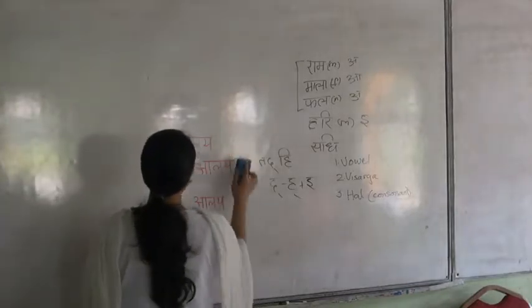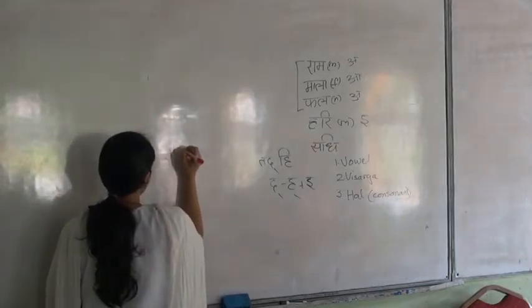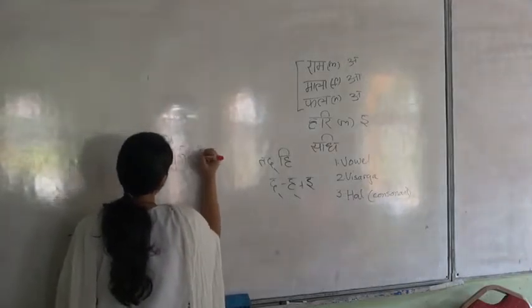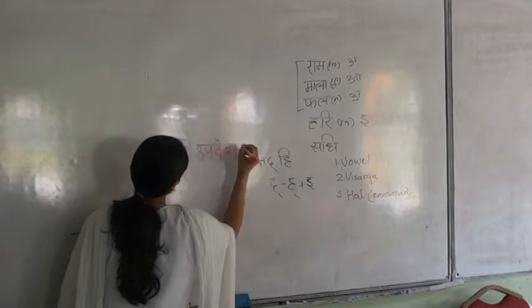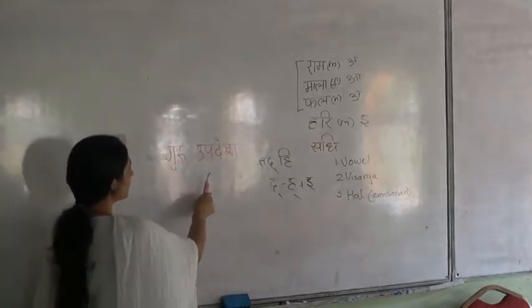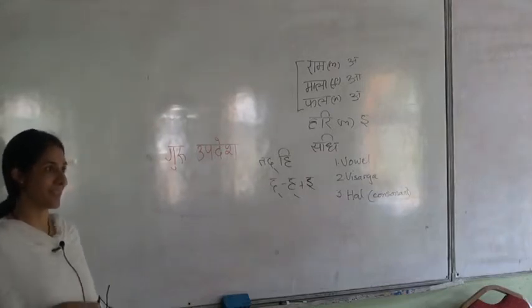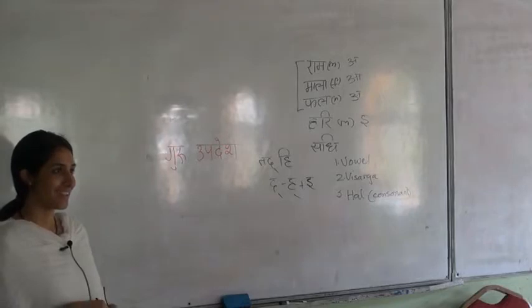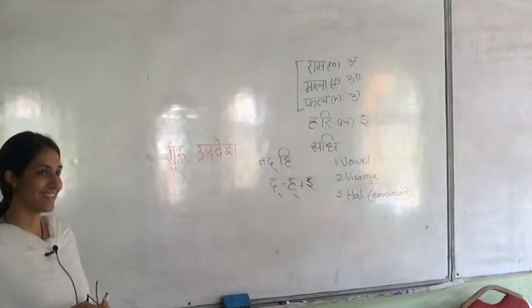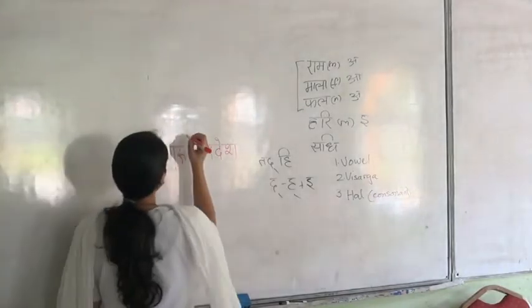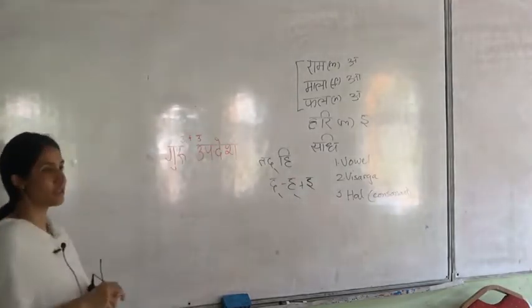Okay. What about this? Guru Upadesh, right? Now, to make it into a compound, what would it become? This is U meeting a U, right? So when you have one U meeting a next U, what happens?